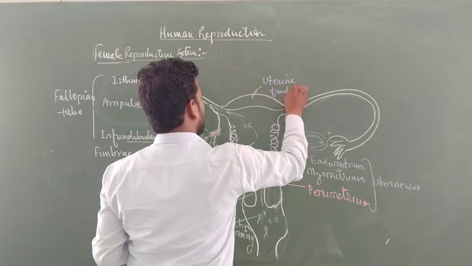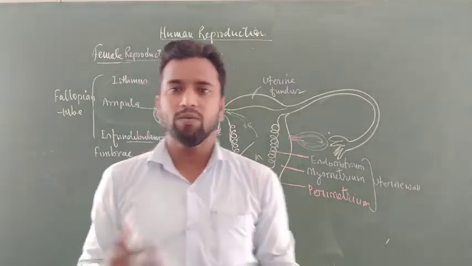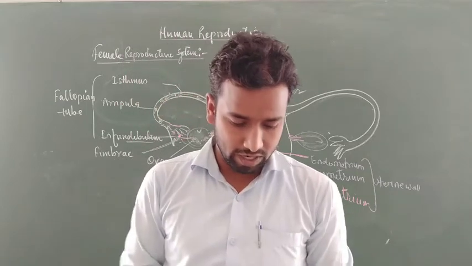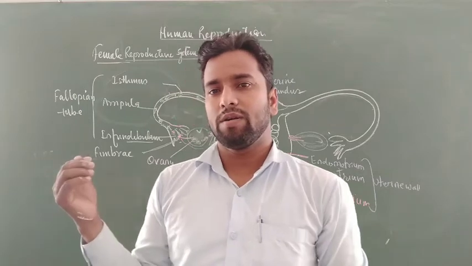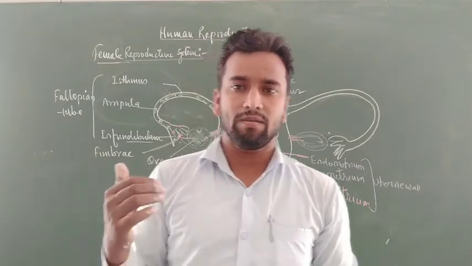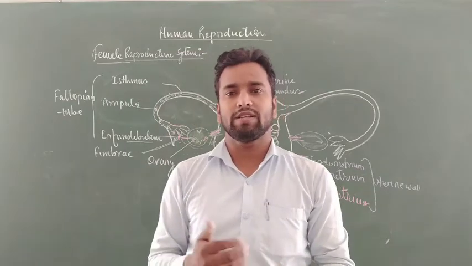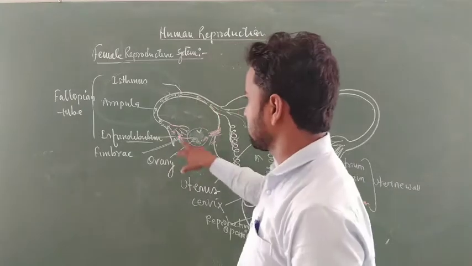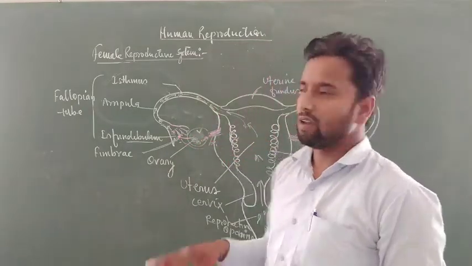Now students, let us discuss how the male reproductive system is different from the female. We have already learned that in the male, the male gamete formation site, the testis, is present outside of the body, but in the female the ovaries are present in the abdominal zone.